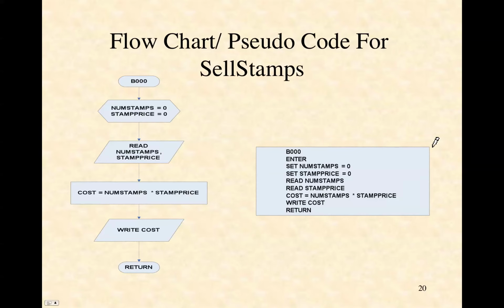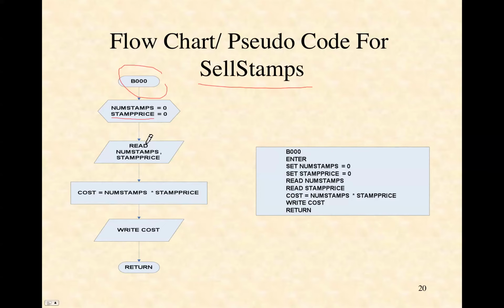Here's the flowchart and pseudocode for SellStamps. This module is called B00, and the name is SellStamps. Here we set two variables: numStamps, the number of stamps the user wants to buy, which we set to 0, and stampPrice, which is the face value of one stamp in cents, also set to 0.